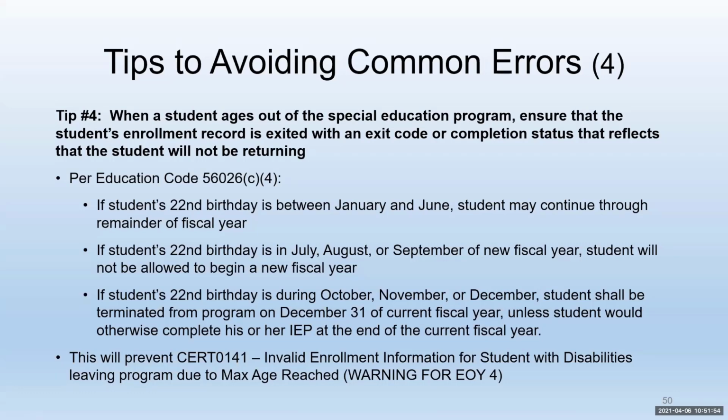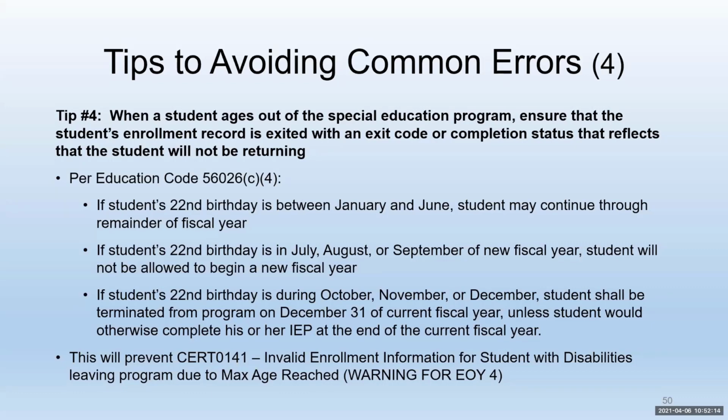So here are some really clear-cut dates for you to use in terms of students aging out of special education, and they are in statute, they're in ed code. These are things we've also provided to your special education vendors, and they're going to try and assist you in getting some of these rules implemented in your special ed systems as well.